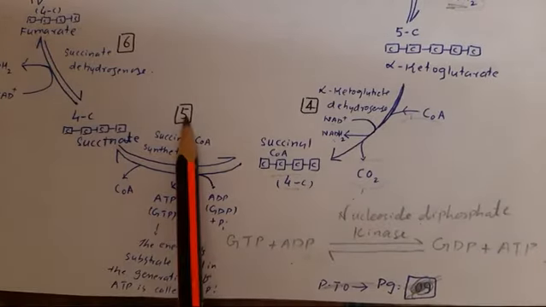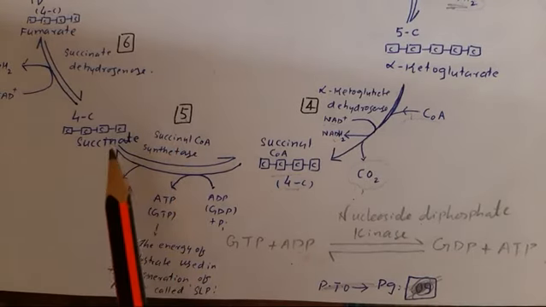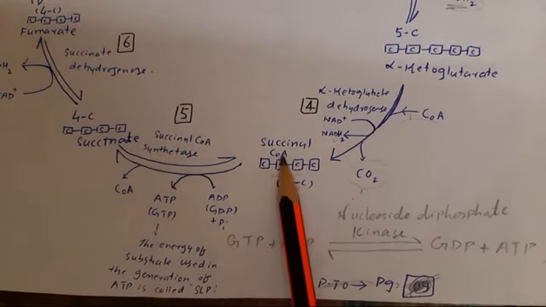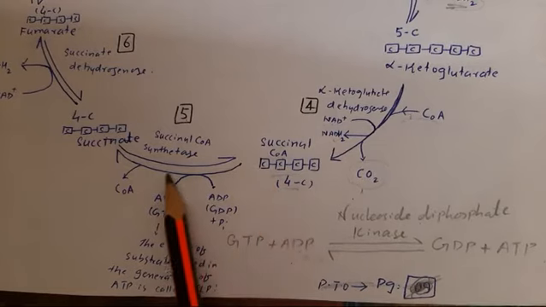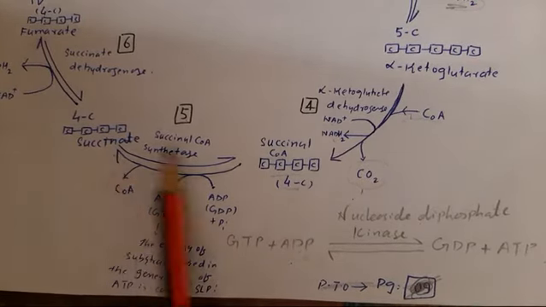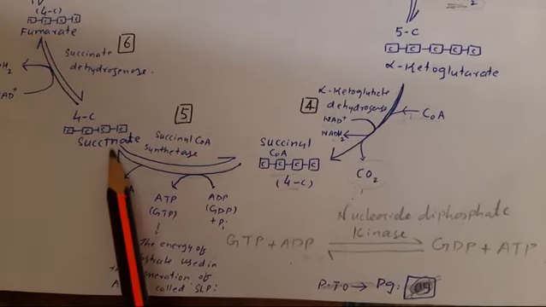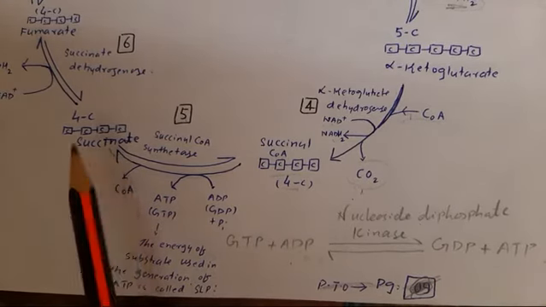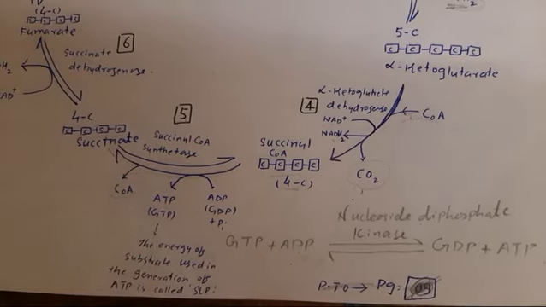Now coming to the fifth step. In the fifth step, the succinyl-CoA is converted into succinate, a 4-carbon molecule, and coenzyme A is released.